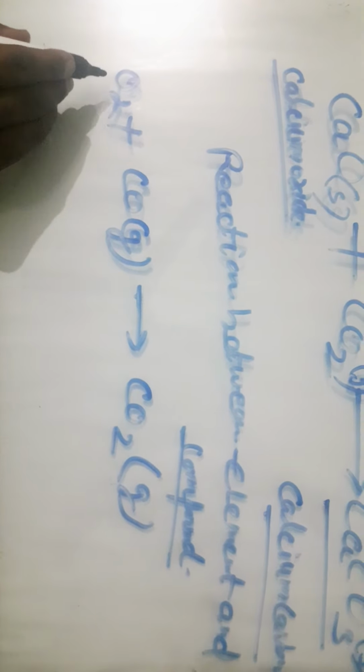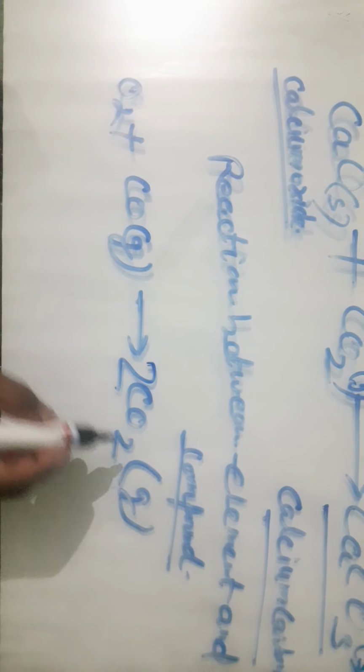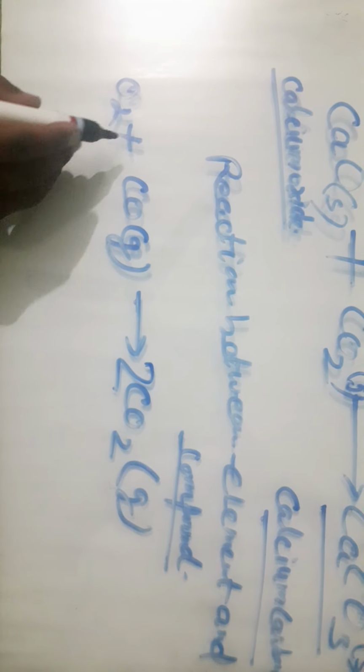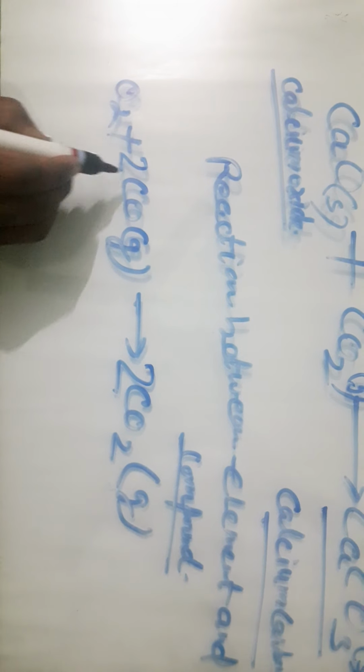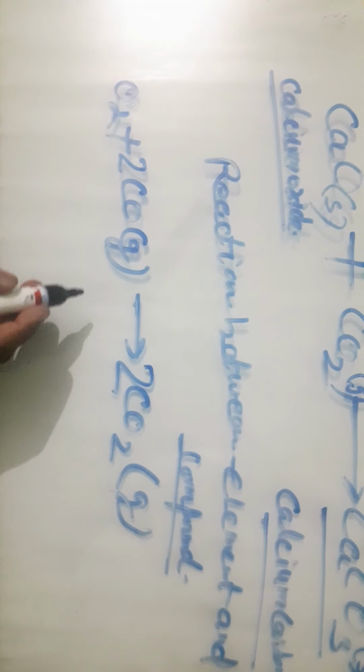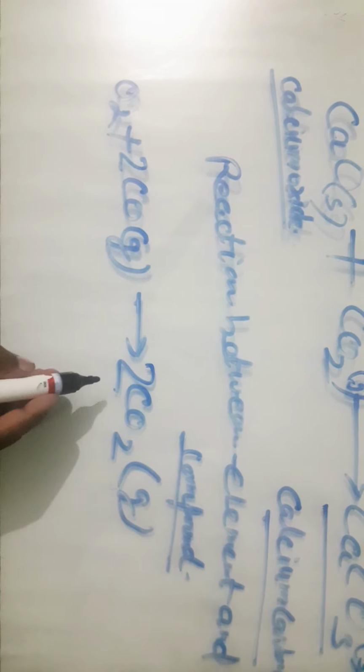Now we can balance this equation: O2 + 2CO gives 2CO2. Now it is balanced.